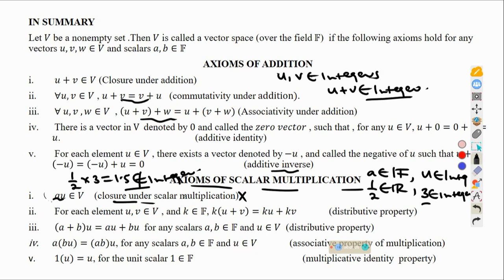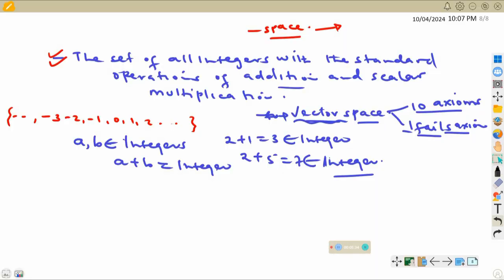So closure under scalar multiplication is not satisfied, and that is enough for you to conclude that the set of integers under the standard operations of addition and scalar multiplication is not a vector space.